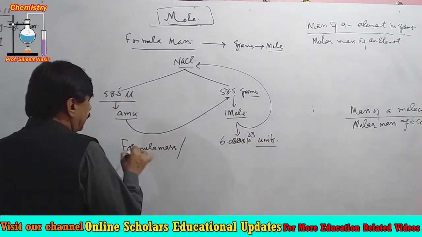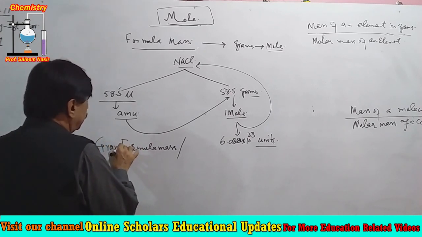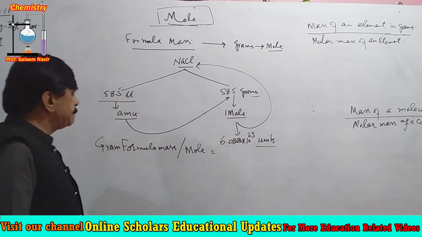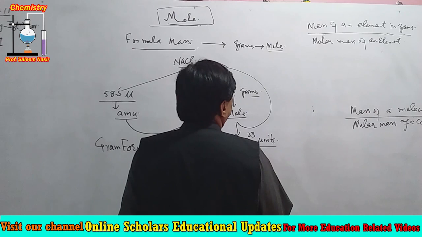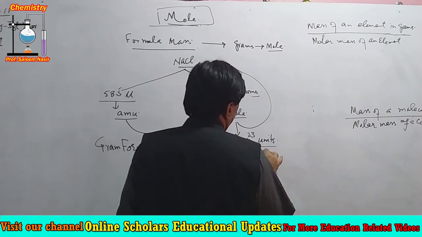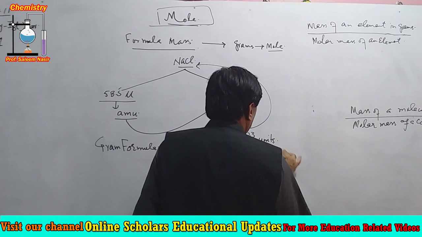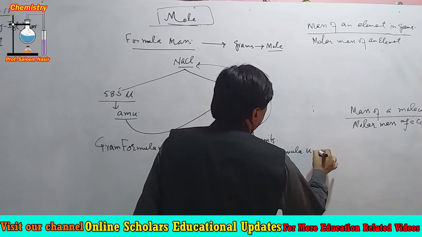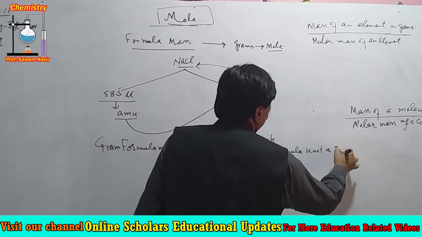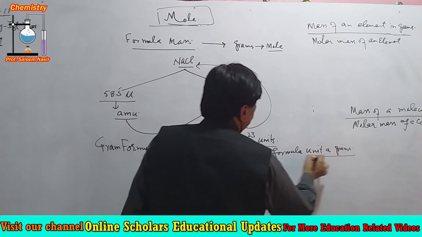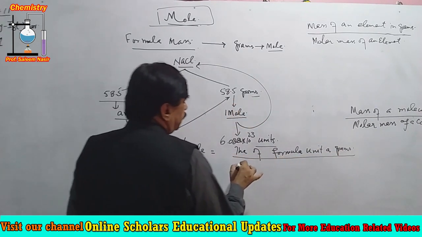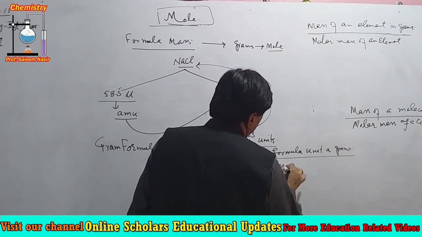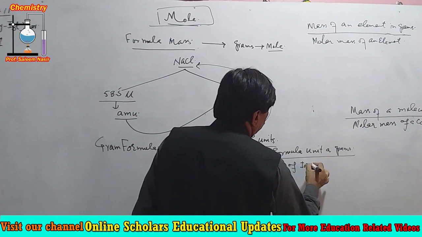And then gram formula mass, or mole, is equal to the mass of the formula unit in grams divided by the molar mass of the ionic compound.